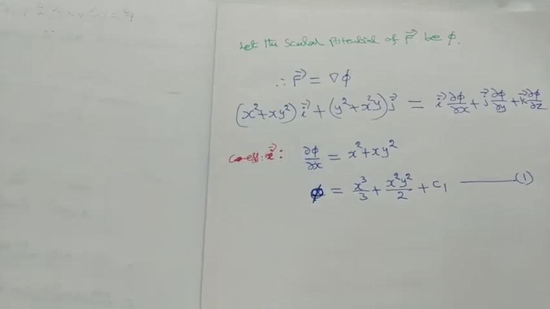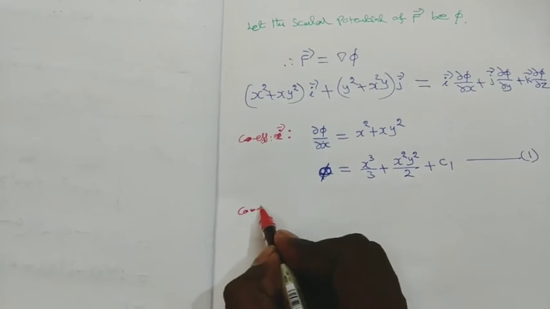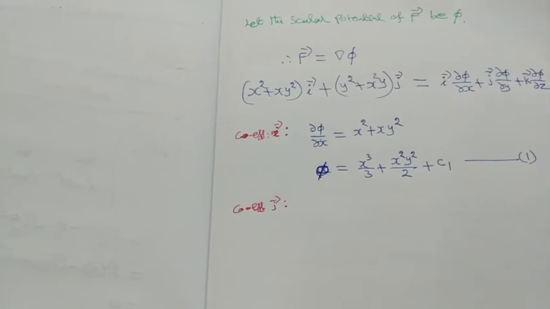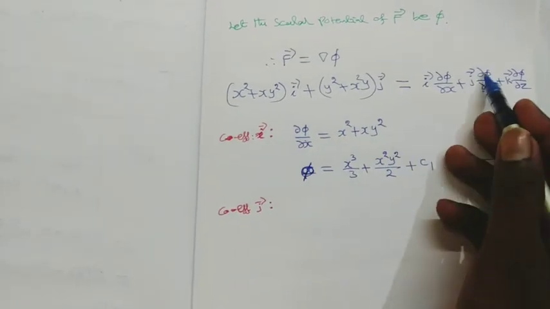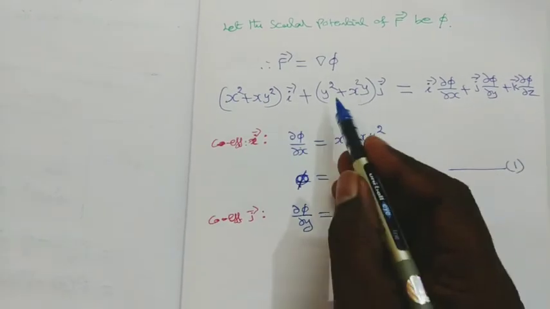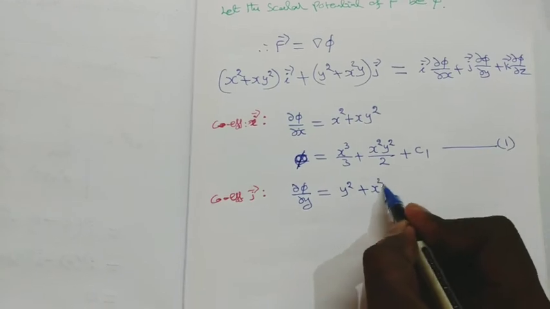Okay, next I am going to equate the coefficient of j. The coefficient of j vector is ∂phi/∂y. The j coefficient is y² + x²y.